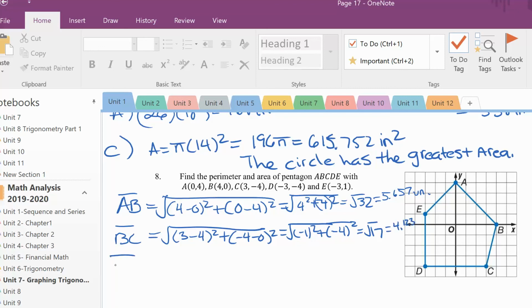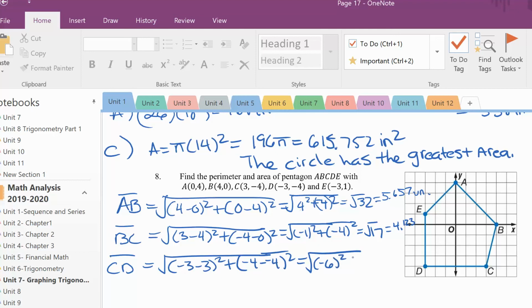And then to go from C to D, we'd have to go negative 3 minus 3 squared plus negative 4 minus negative 4 squared. So we get negative 6 squared plus 0 squared, which is the square root of 36, which is 6.